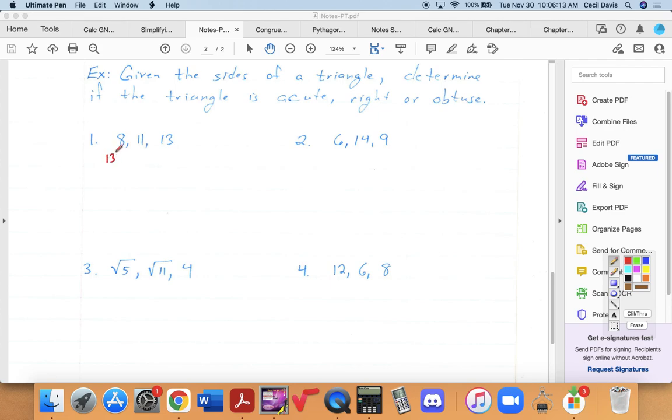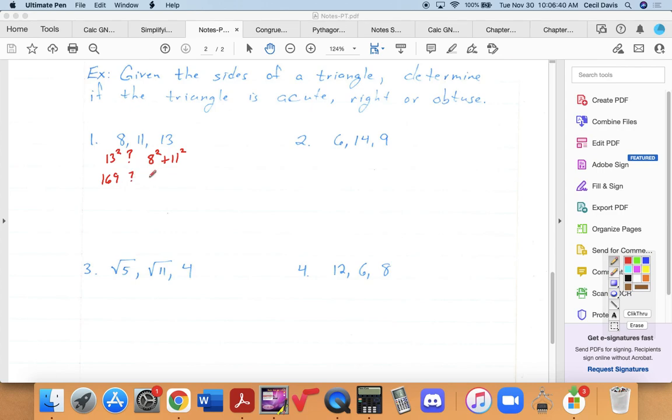So I'm going to do 13 squared, and I'm going to put a question mark because I don't know whether it's bigger or smaller or equal to the other two squared and added together. So 8 squared plus 11 squared. This is another reason to know perfect squares. 13 squared is? 169. I'm going to leave this question mark because I still don't know yet.